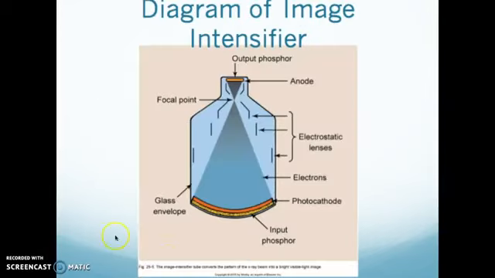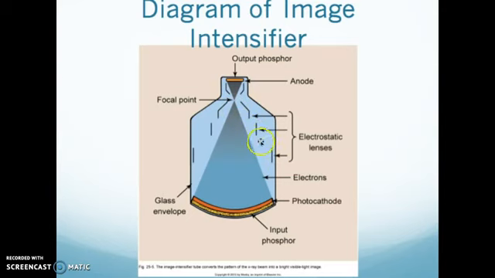We've got the X-ray photon coming in to the input phosphor. The input phosphor is going to convert the X-ray to light. It's going to hit the photocathode. The photocathode is going to take that light and convert it to electrons. The electrons are going to come out of the photocathode. They're going to be accelerated by the anode with 25,000 volts across the tube, which is 50 cm long.